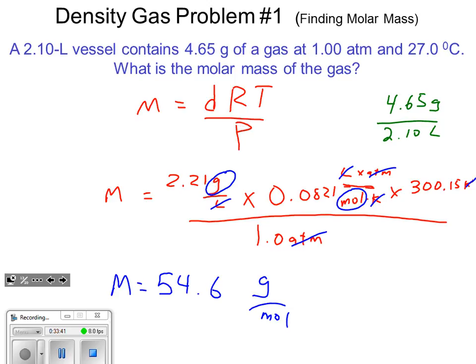Did you round this right here? Did you use 2.21 or did you use the big long number that we got for the density? I used the big long number. Yeah, Garrett? I didn't round the 0.0821 or anything until the end, and it was right.